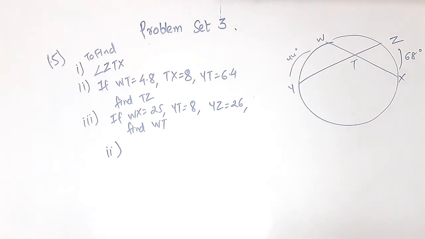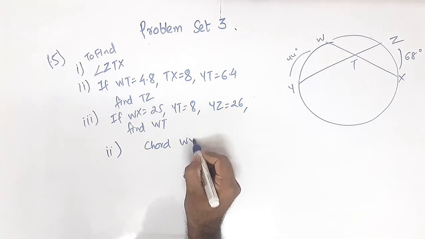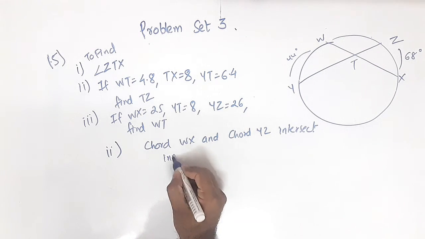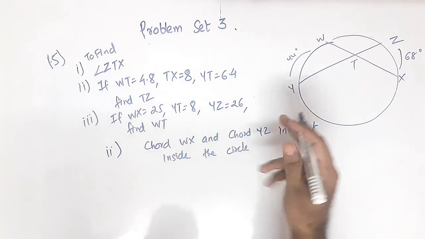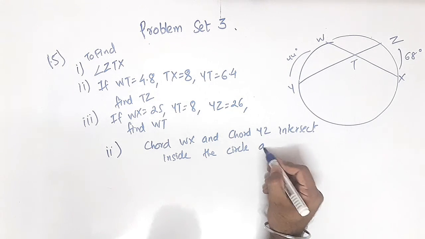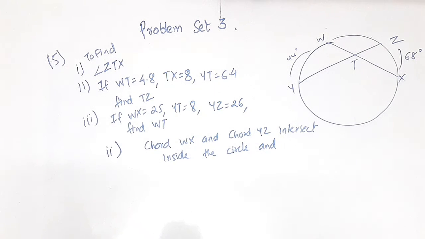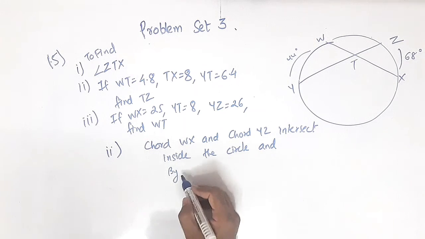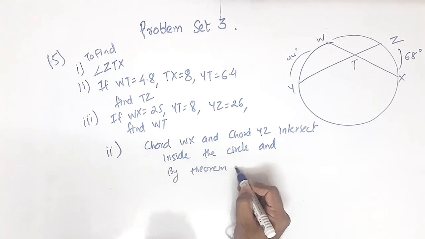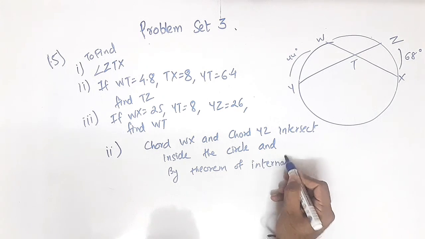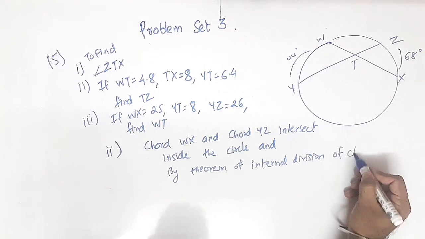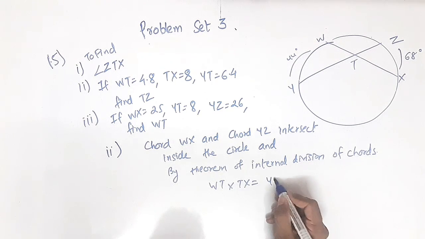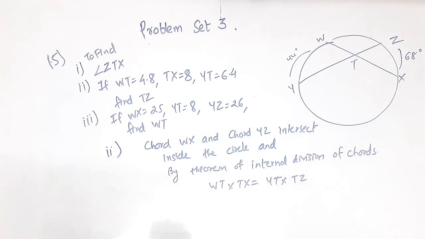Chord WX and chord YZ intersect inside the circle, and by the theorem of internal division of chords, we can write, as we have done before, WT into TX is equal to YT into TZ.